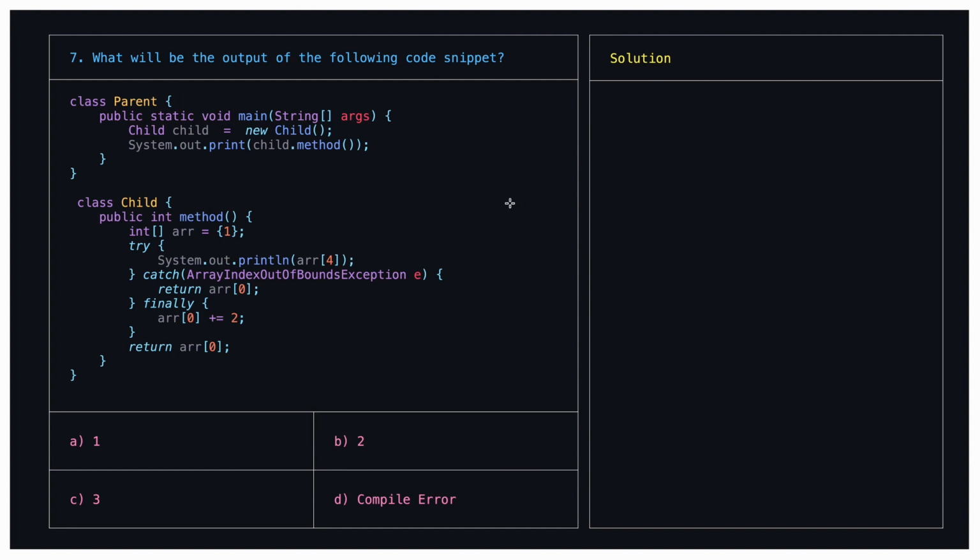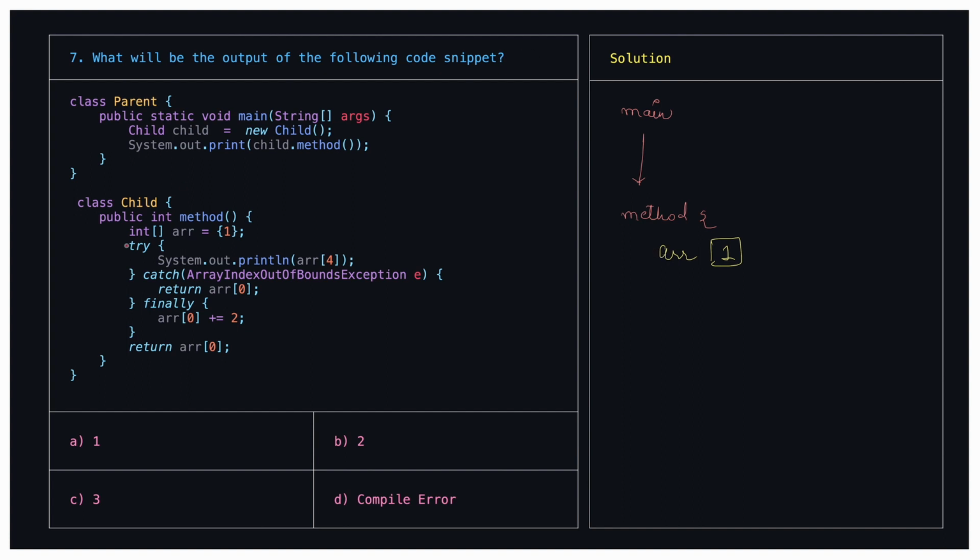Now what is it doing? Inside the method, they have initialized an array of length 1 having first value as 1, right? So let me write it. We have the main function. Now main called this method, right? Now the method says I have an array ARR which has one element and that element is 1, right?